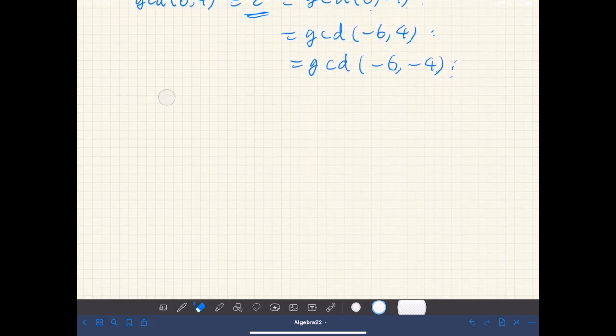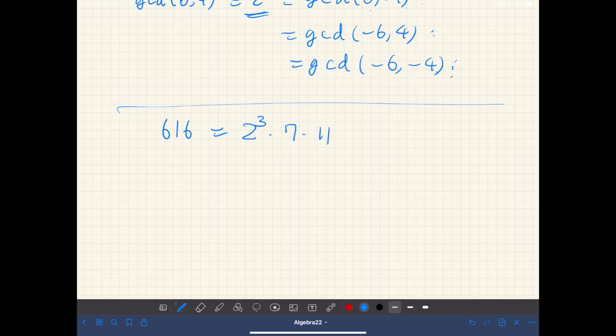And another example. 616 can be factorized as 2 cubed times 7 times 11, and 1260 can be factorized as 2 squared times 3 squared times 5 times 7.